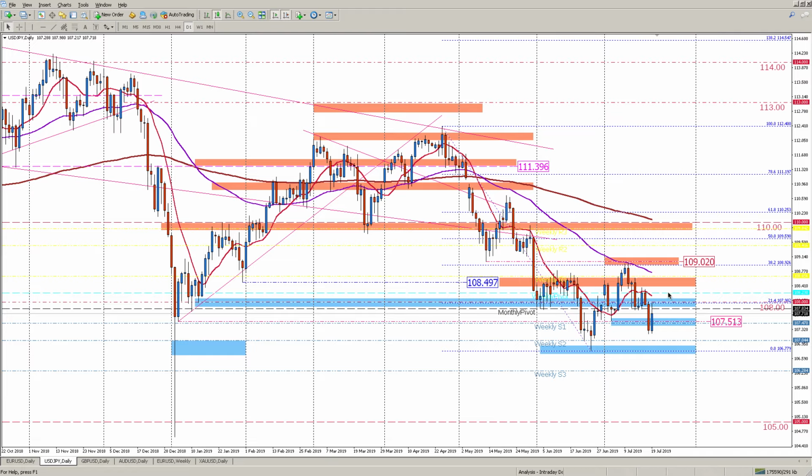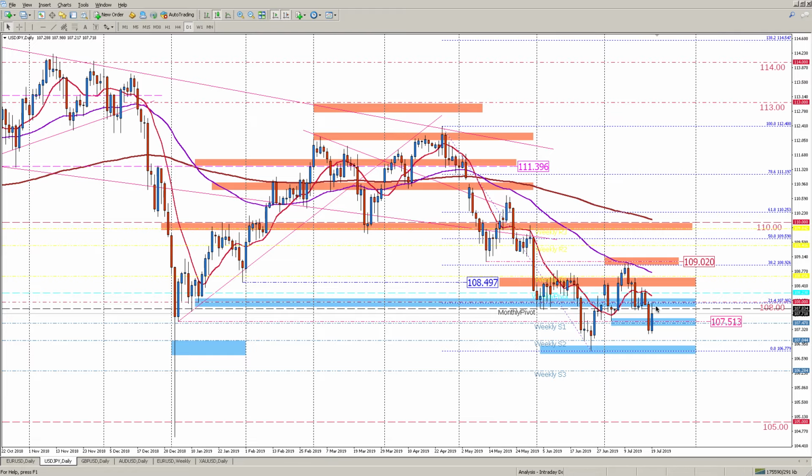So I've added the weekly pivot lines as well as the monthly pivot lines, and weekly pivot is at the 108.23 level, the monthly pivot is at 107.80 area.